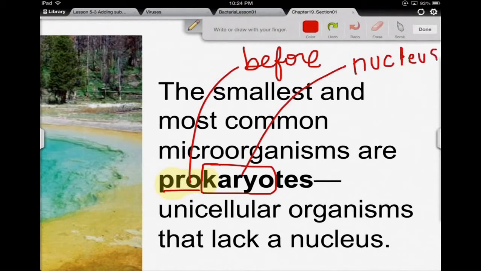And it's important to understand these things are so small. Our cells, I always like to say a red blood cell is about 20 to 30 micrometers or millionth of a meter. These guys are so small that they're about the size of a nucleus of one of our cells.